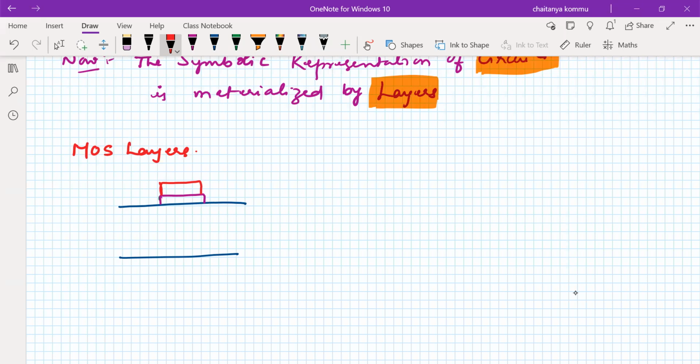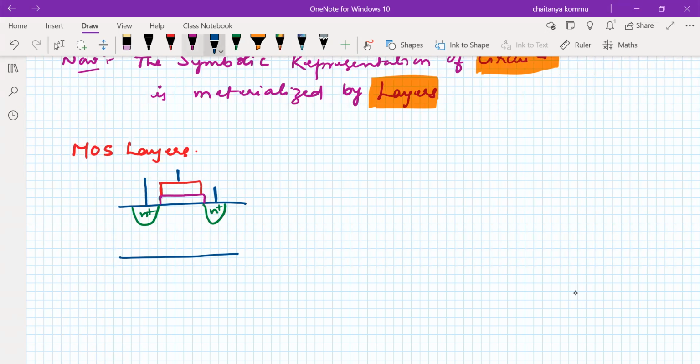Polysilicon is another material, and diffusion is another material. And we are using metal layers also, metal contacts. So out of all these, for a particular MOSFET, what are the essential layers, essential materials that we use?